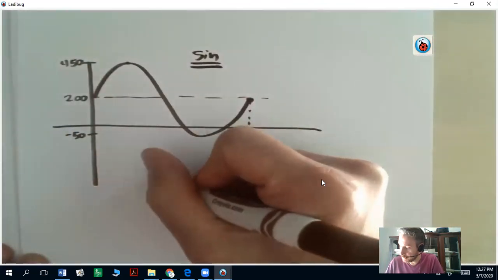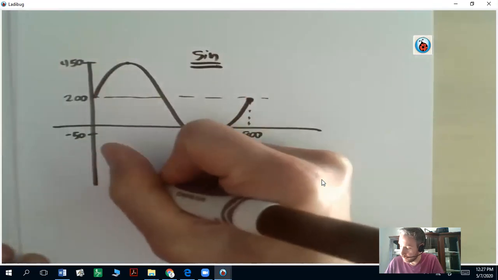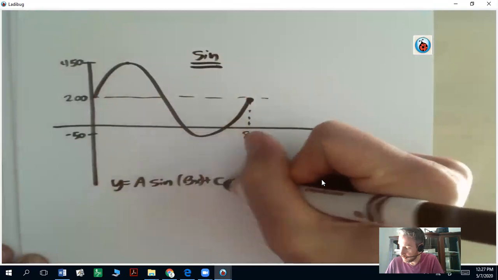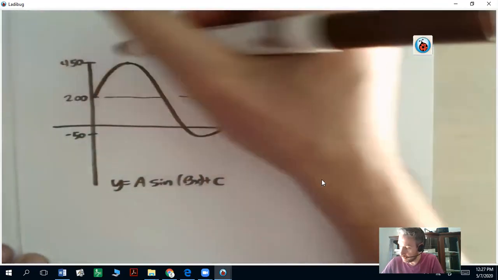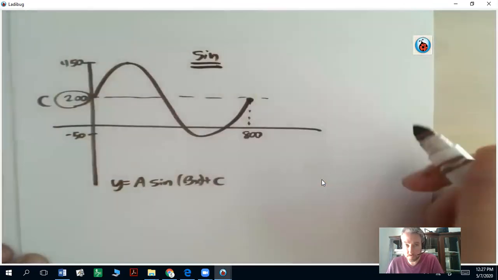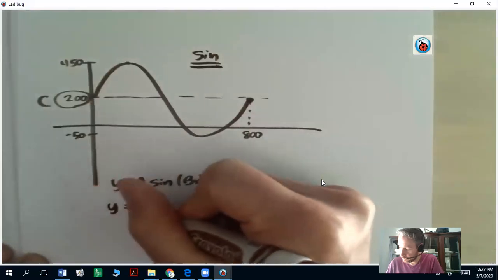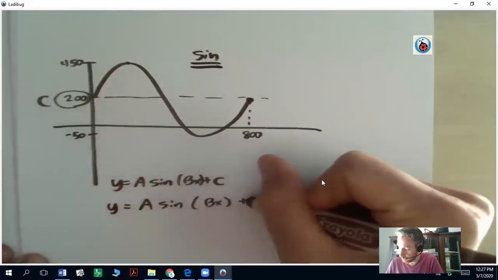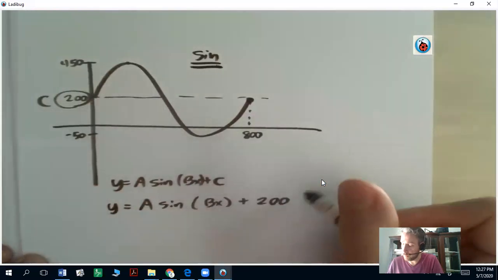So it's going to be sine, remember, y equals a sine bx plus c. C is going to be 200. So we got that number.